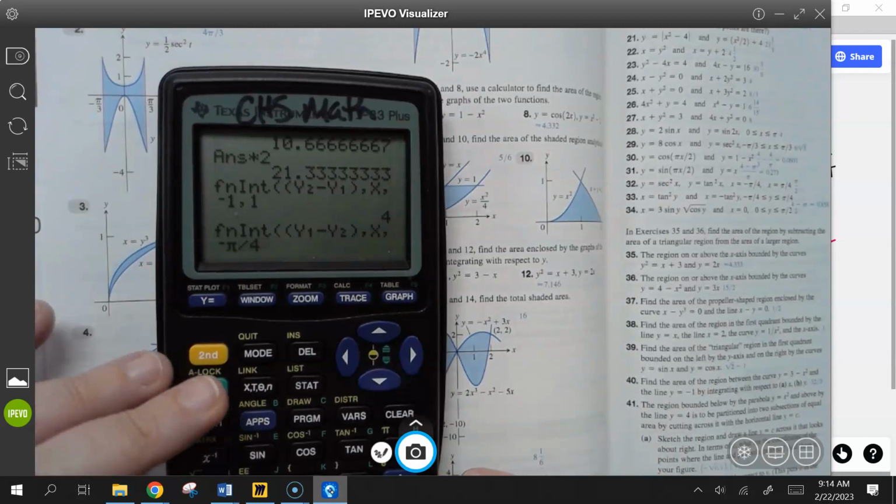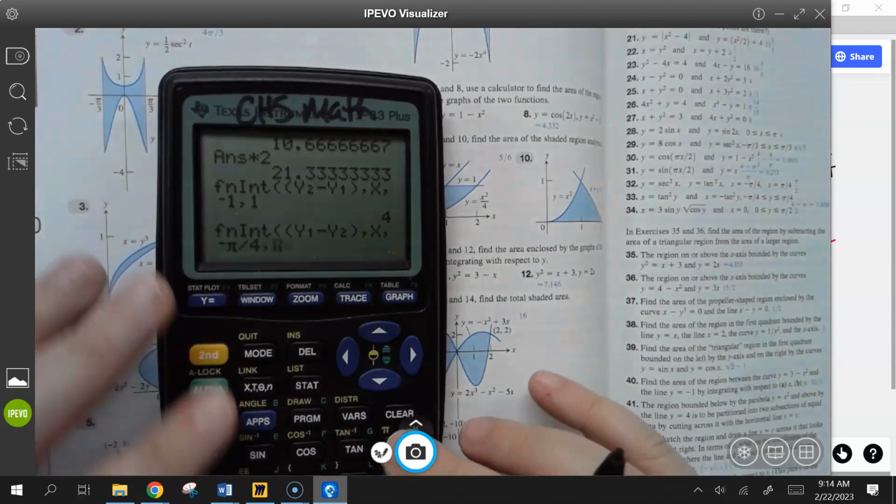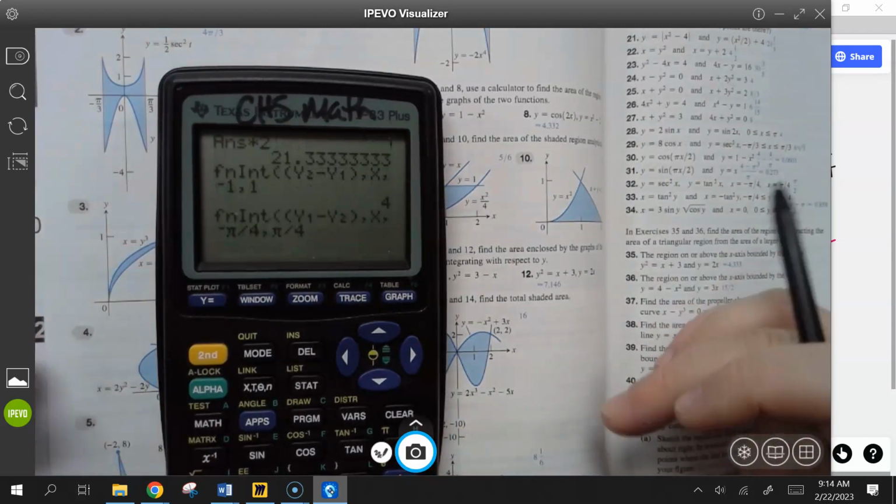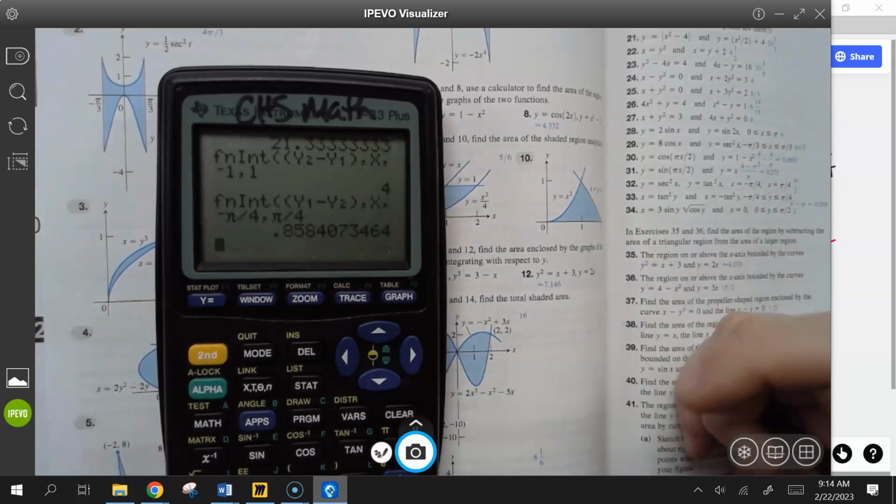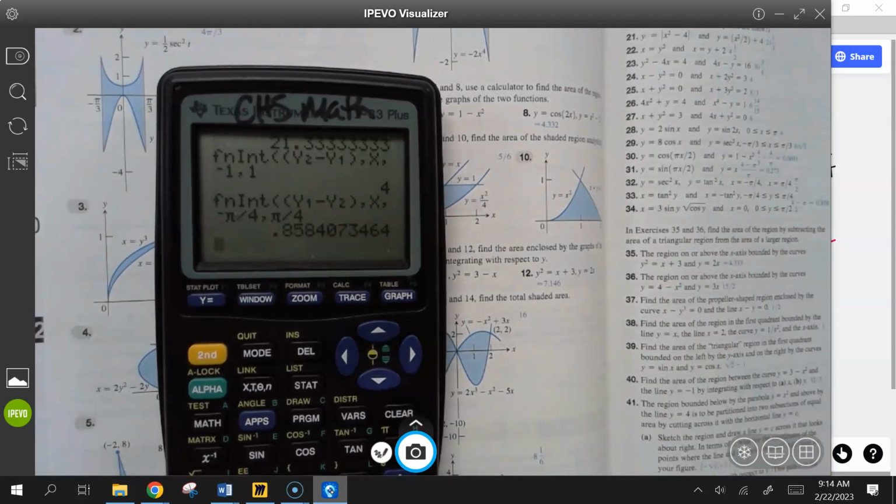No. I requested 1. I need to just go by 1. Or I can just run it top minus bottom, from negative pi over 4 to pi over 4. Either one of those will work.